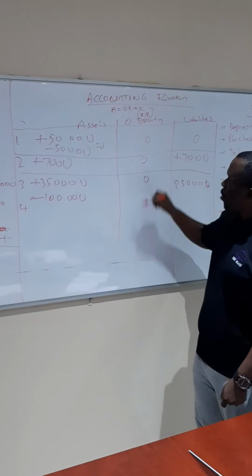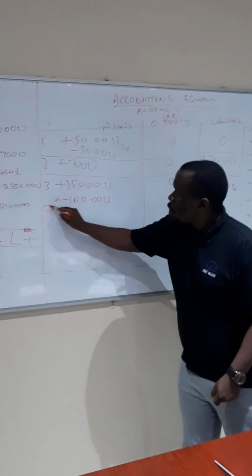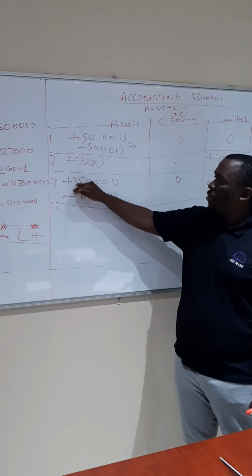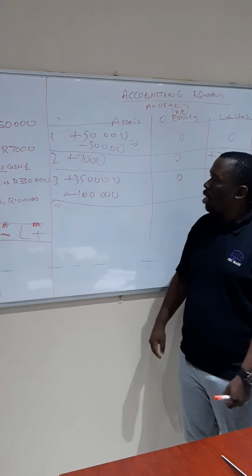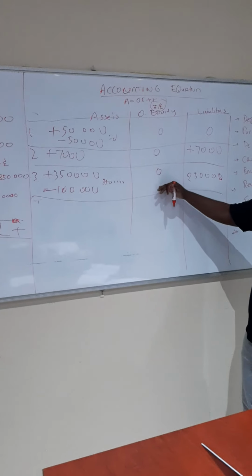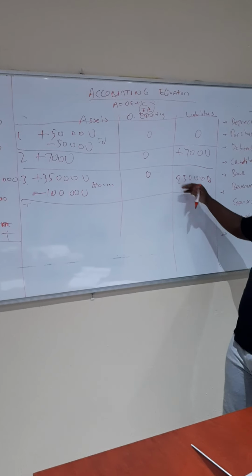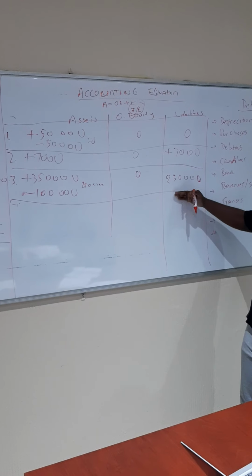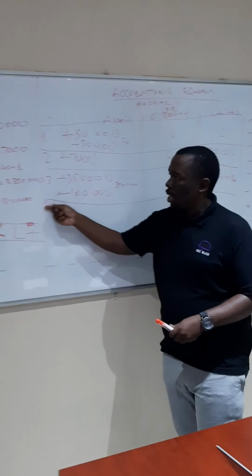Nothing happens to equity. So now let's check if our accounting equation balances. Plus 350,000 minus 100,000 will give us 250,000. Nothing happens to equity, and we have 250,000 here. So assets are 250,000 equals 0 plus 250,000, which means our accounting equation is balancing.